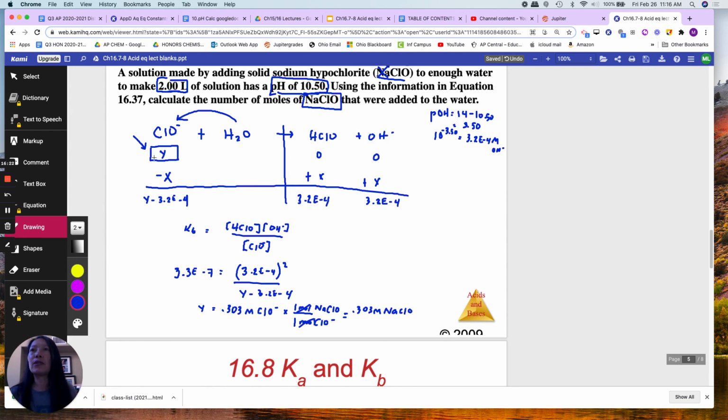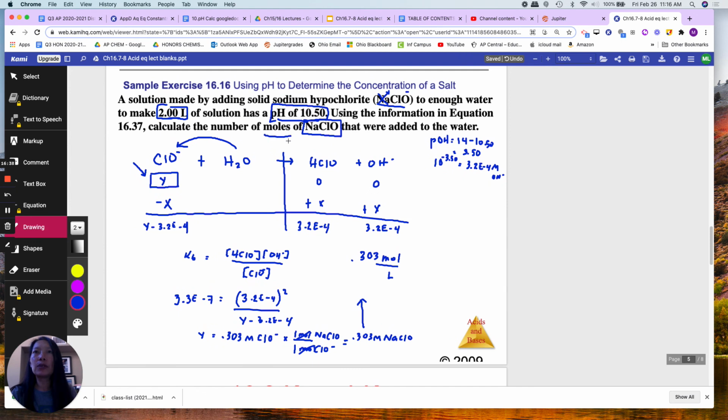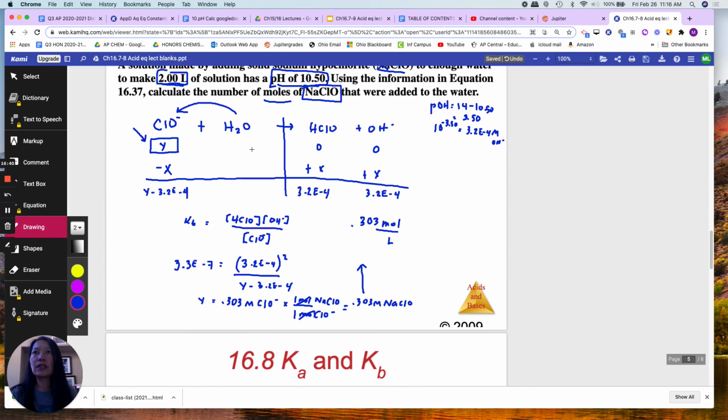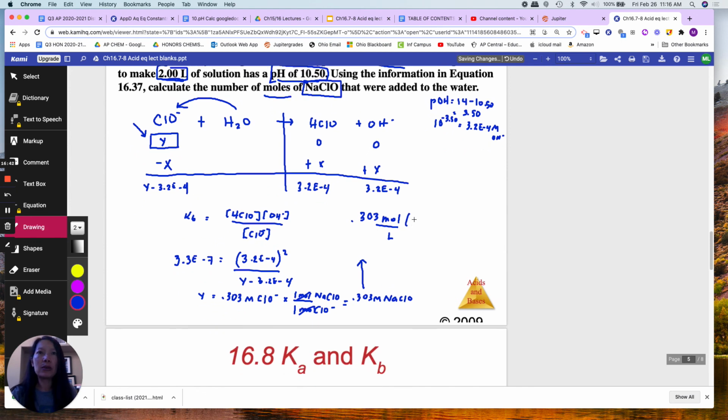So that means once you have ClO minus, you also have NaClO. Okay, so I'm going to move up here because there's no room. So 0.303 equals molarity, which is equal to moles over liters of NaClO. They're asking for moles, and you use 2 liters, so you're going to multiply this by 2 liters, and you're going to get 0.606 moles of NaClO.